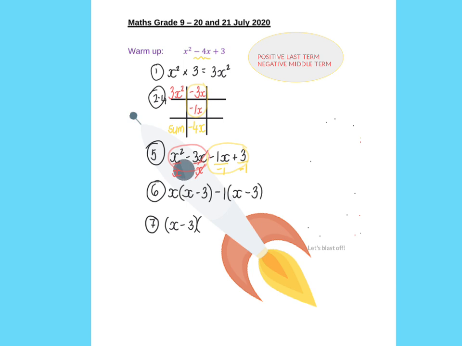So we're dividing by the common bracket x minus 3 in each term, and then remaining from the first term would be the x, and from the second term would be the negative 1. So x and negative 1 are the remaining values, and that is the fully factorized form. Okay, and there you go. That is the fully factorized.